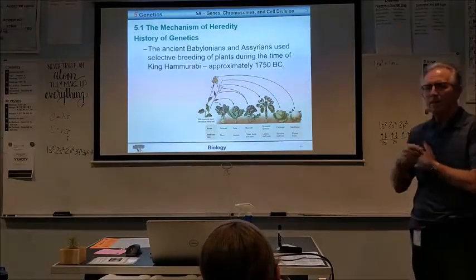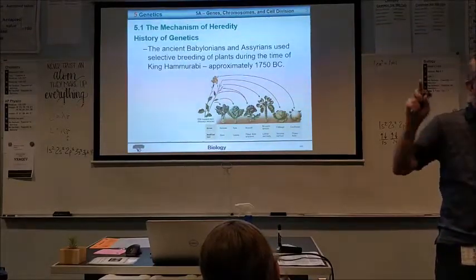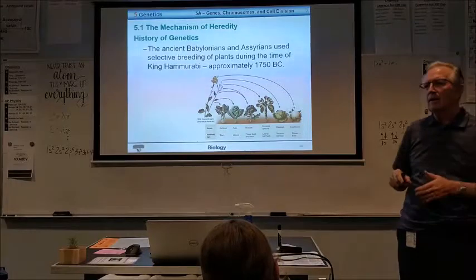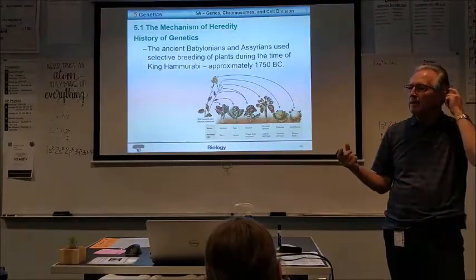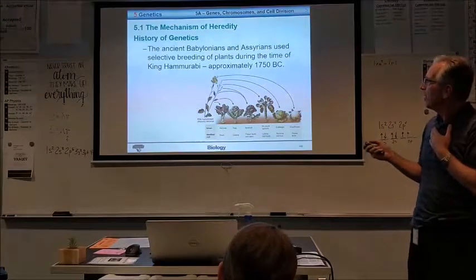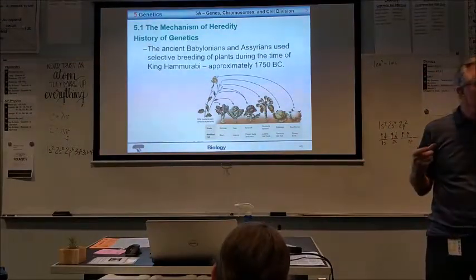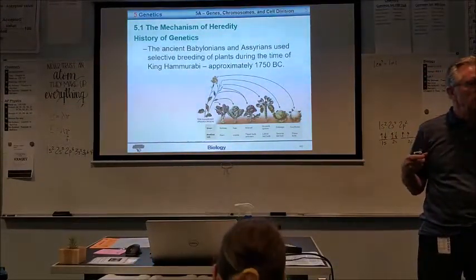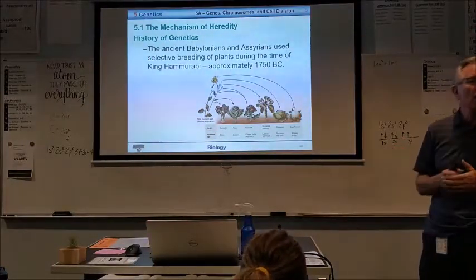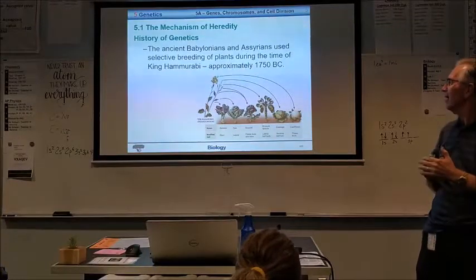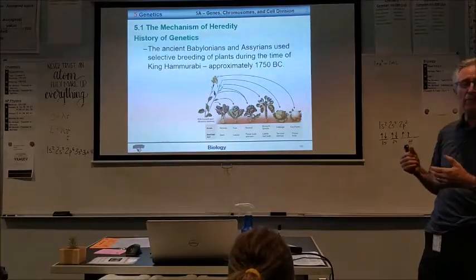Now, our understanding of genetics has evolved over time. We know from records that we've found that people living a long time ago, this is King Hammurabi, he lived at 1750 BC.